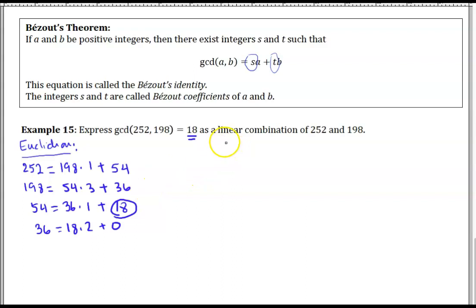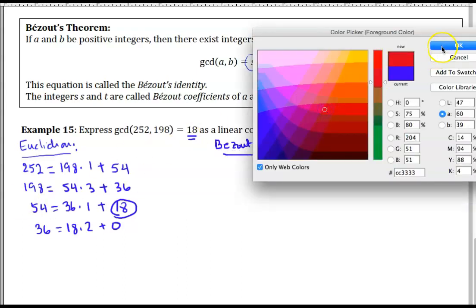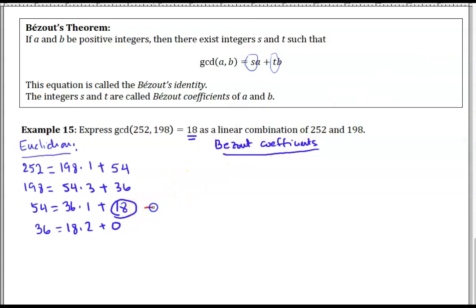All right. So now to find the Bezout coefficients, I'm going to work these steps backwards to solve for the GCD. So we're going to start with this equation right here and solve for 18. Okay, so 18 is going to equal 54 minus 36 times 1, right?